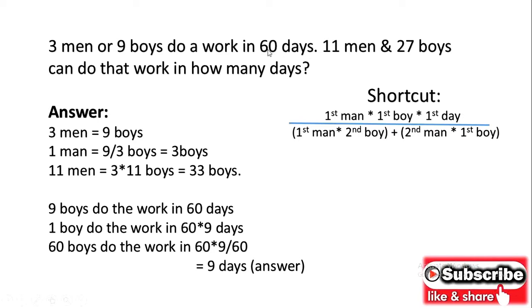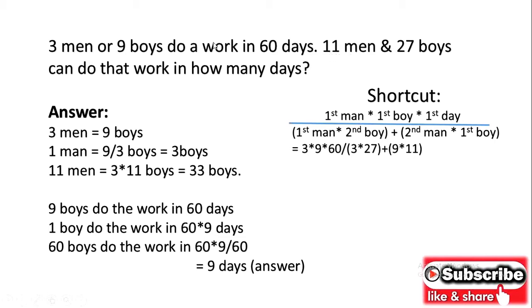So 3 into 9 into 60 divided by first man 3 into second boy. So second boy comes in the second sentence, right? So second boy is 27. So 3 multiplied by 27 plus second man, where's the second man? Yeah, 11 multiplied by first boy.